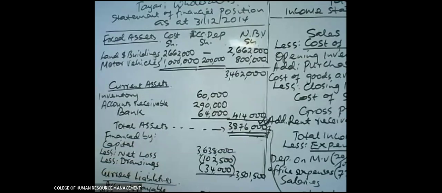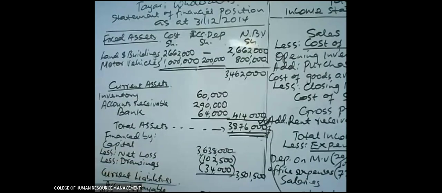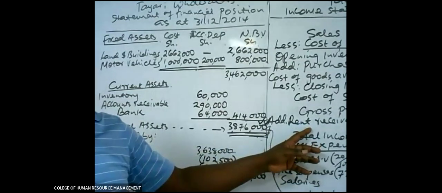Excuse me, Mwalimu. On the treatment of rent receivable, maybe you can explain why it wasn't treated as an asset, as a current asset. That is an income. An asset is something that is there, something that is existing. But this is money that is coming in.